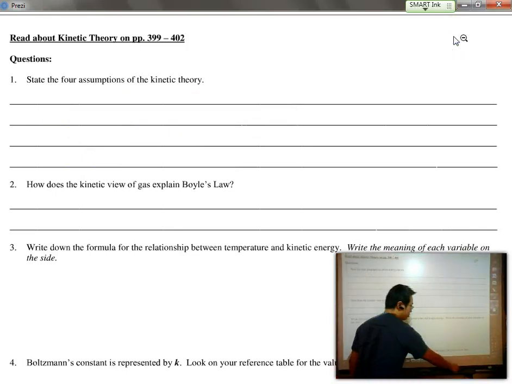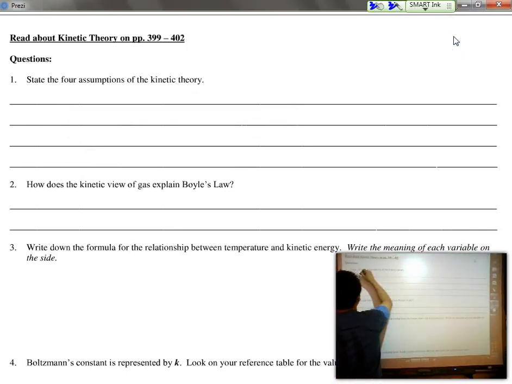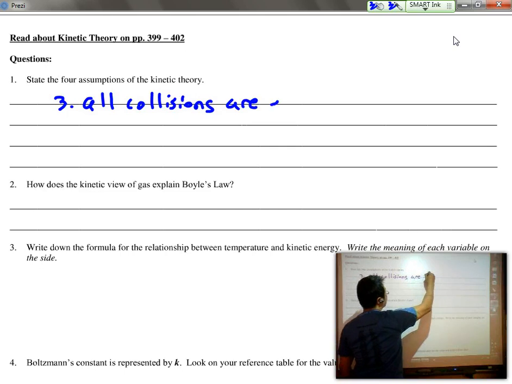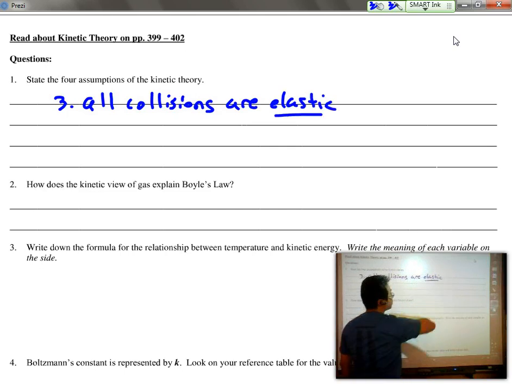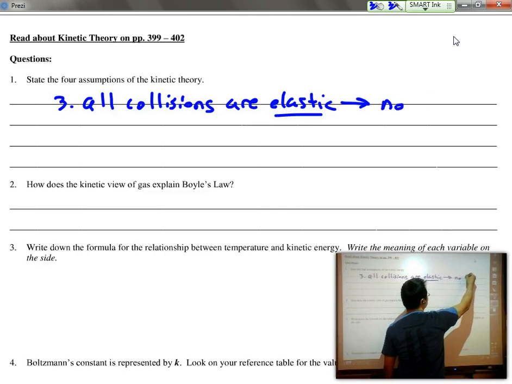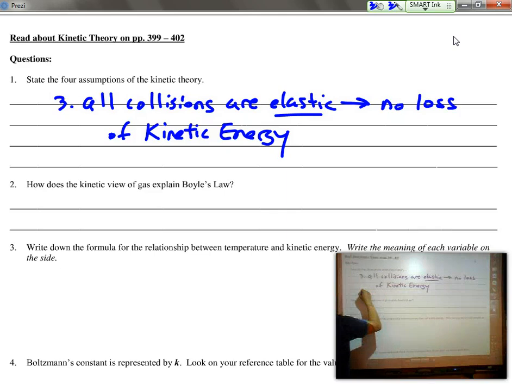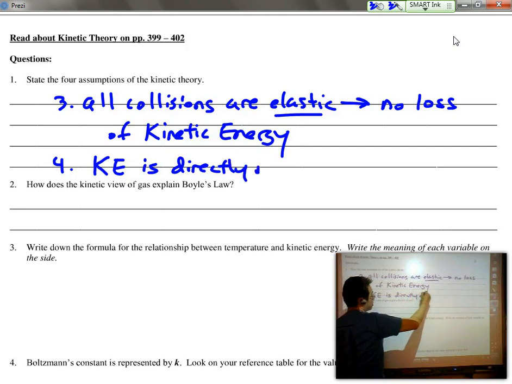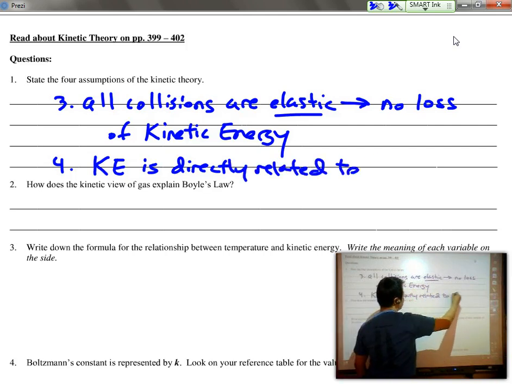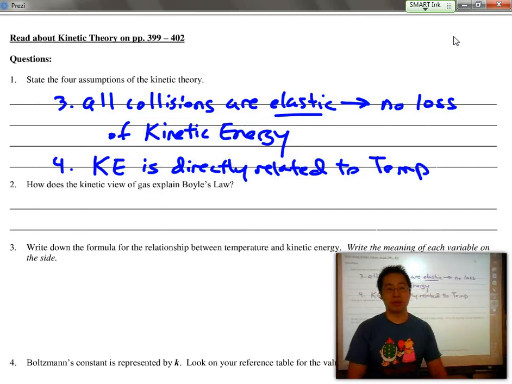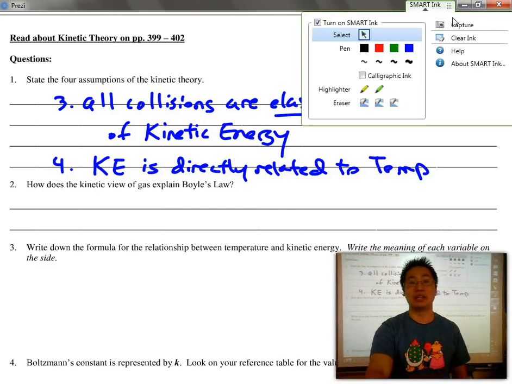We also can assume that all these collisions are elastic, which means, of course, that there is no loss of kinetic energy, and that this kinetic energy is directly related to temperature. Okay, so those are the four main assumptions of kinetic theory of ideal gases.